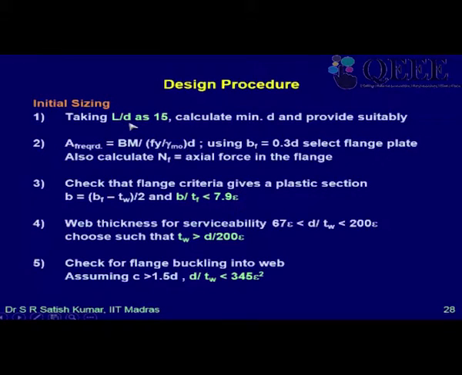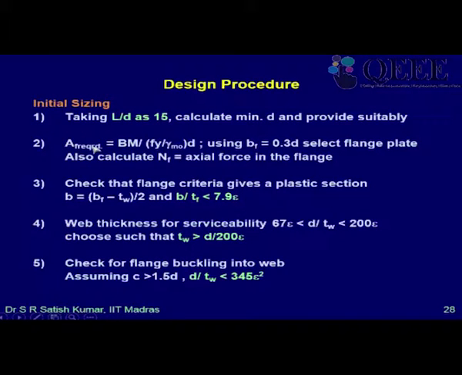So we will round it off to the nearest 200 mm value. After let's say 800, I can use 900 also, but I can use 1000 also. I'll prefer 1000 instead of 900. So I'll keep that as my depth. When I say provide d suitably, I'll use the nearest rounded off value.